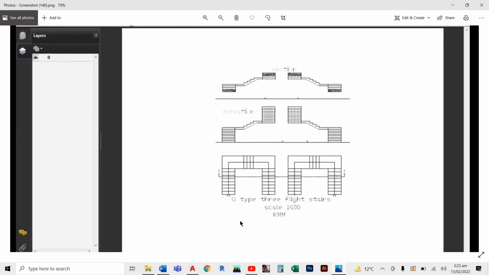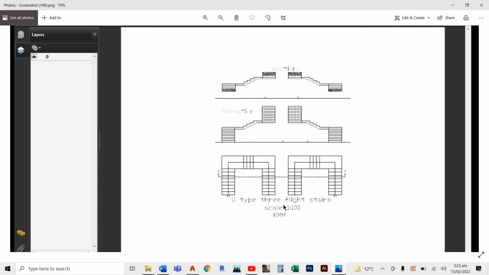Then here is another type of U-type, but here we have three flights, 1st, 2nd and 3rd, with 2 landings, and this is all the elevation and section.